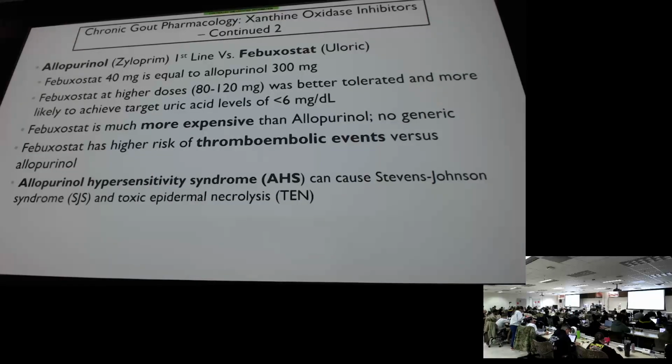And as I mentioned, it inhibits that enzyme, so you're not making uric acid. This just compares the two, doesn't change that allopurinol is first line out of this class of the XOIs. And then down below is the allopurinol hypersensitivity syndrome that's causing Stevens-Johnson's and TEN, which most SJS and TEN is caused by medications.